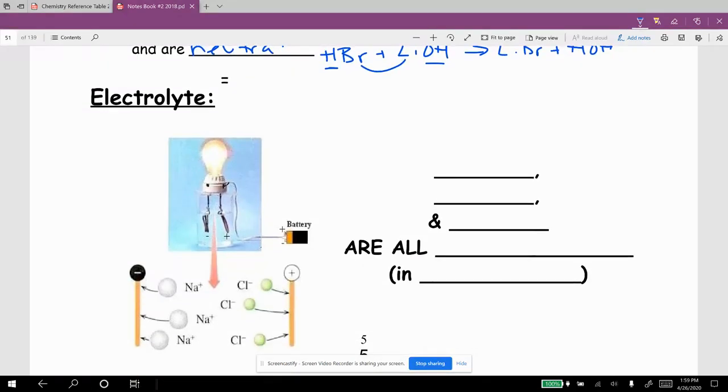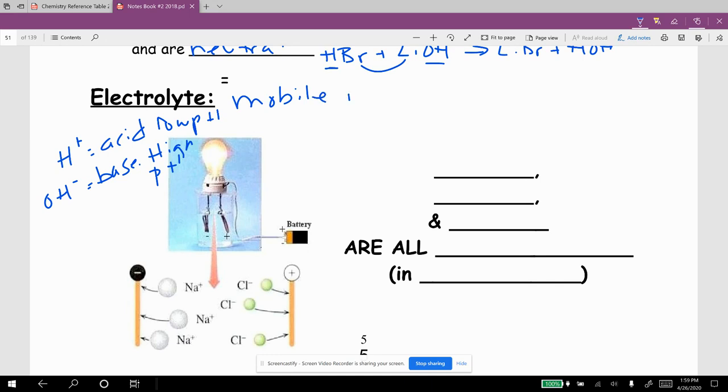Right now, the most important thing that we need to focus on is that the H plus is the acid ion. The OH minus is the base ion. And then the acid has a low pH and the base has a high pH because of the presence of what ions? Remember, electrolytes have those mobile ions, and acids, bases, salts.